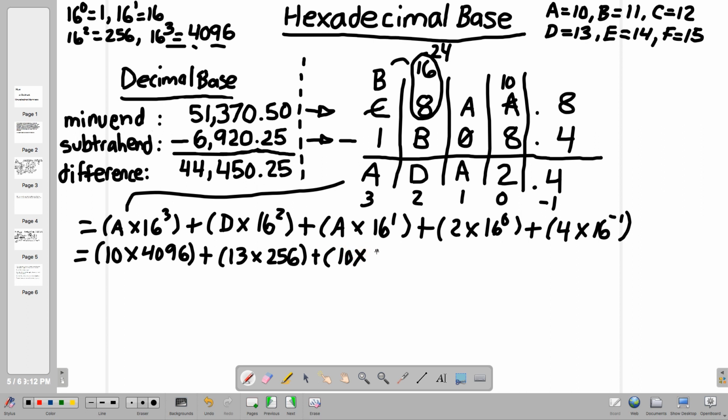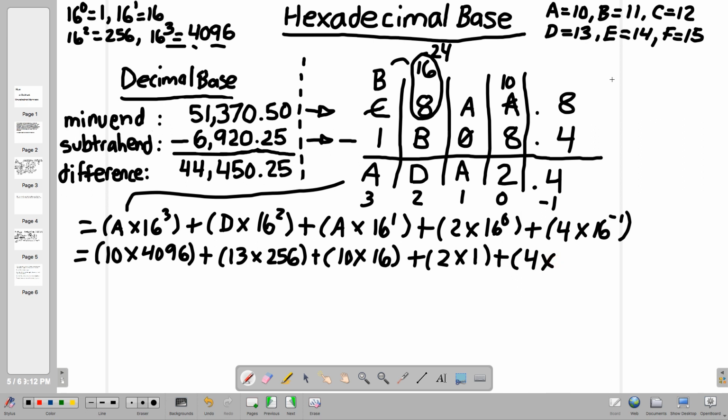It's the same as saying 16. And then we have 2 times 16 to the 0 power. Anything to the 0 power is the value 1. And then we have 4 times 16 to the minus 1 power.